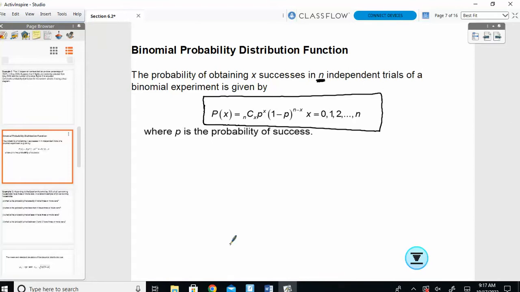It's called N choose X. There's a formula for that, but we're really just going to use our calculator to find it, so you don't have to memorize how to do all those things. P is the probability of getting what we want. Then Q, or 1 minus P, is the probability of that not happening.